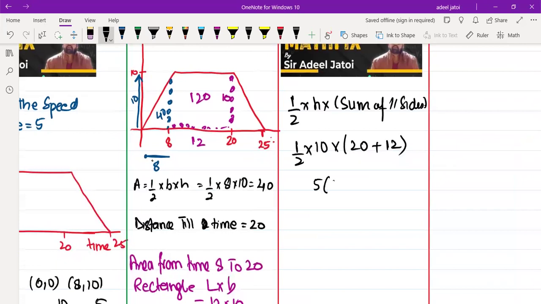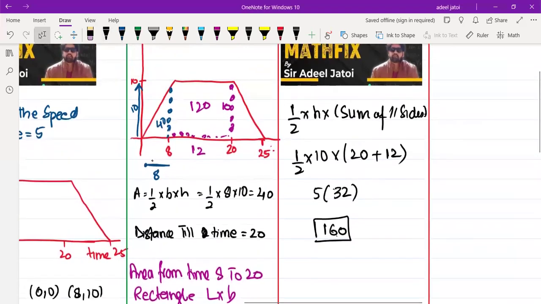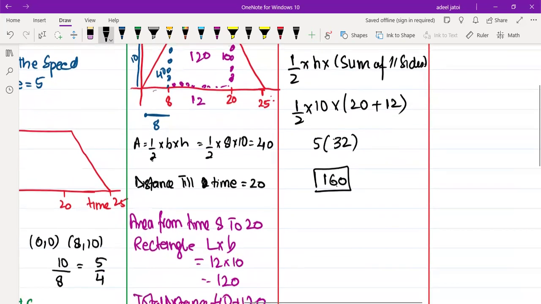So 5 into 32 becomes 160. So using the trapezium method, the distance you got directly was 160. You can even distribute into two equal shapes, or you can do it through the trapezium method too.